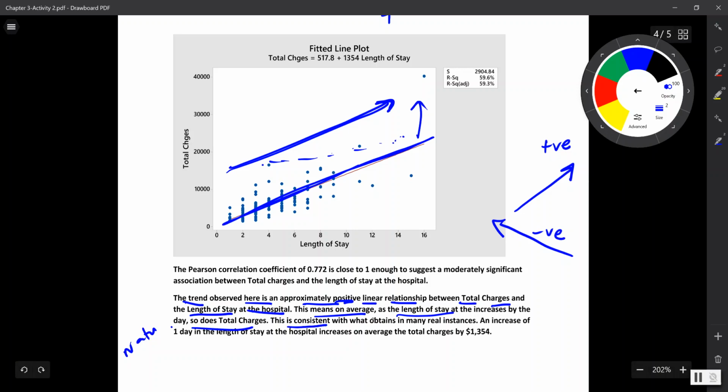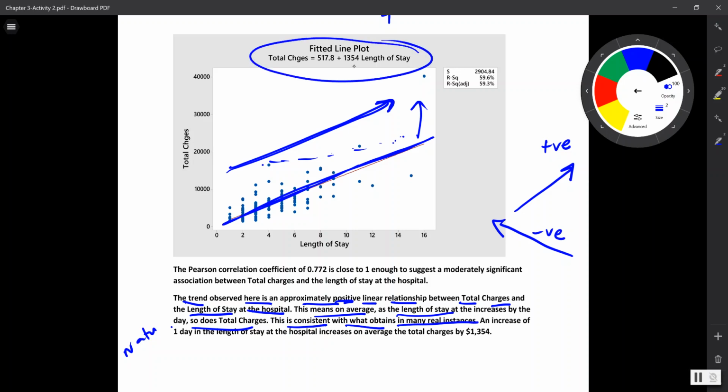And this is consistent with what is obtainable in many real-life instances. Then, what does this mean? In particular, the slope right here, the number beside your length of stay. This is very similar to what you do in college algebra, when you have total charges is m, the slope, times your length of stay, x, plus b.